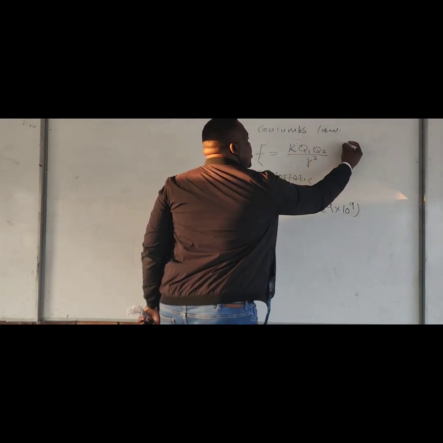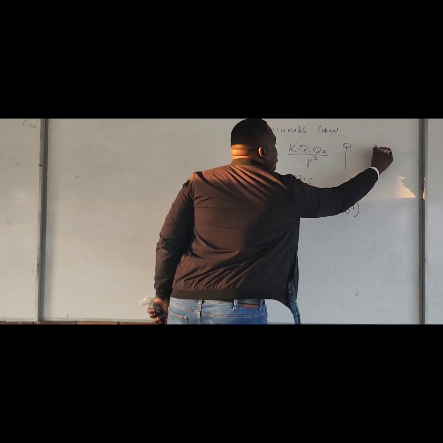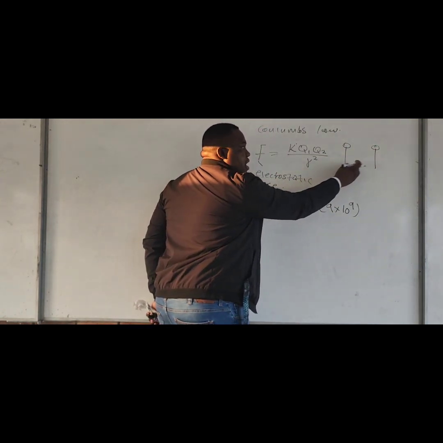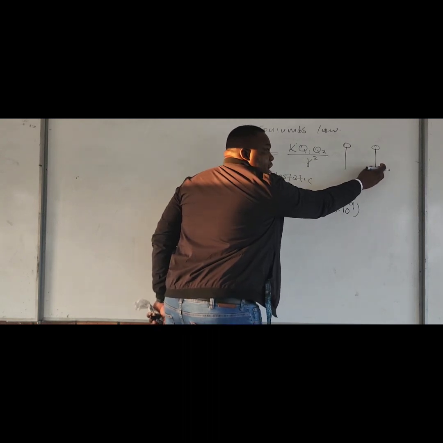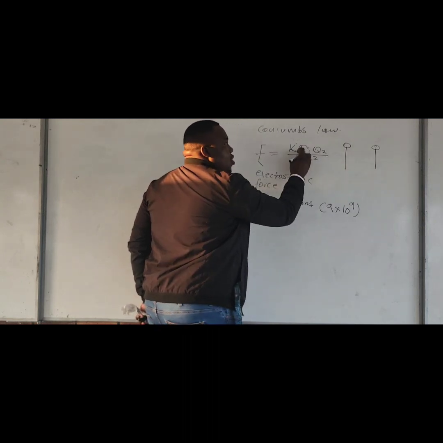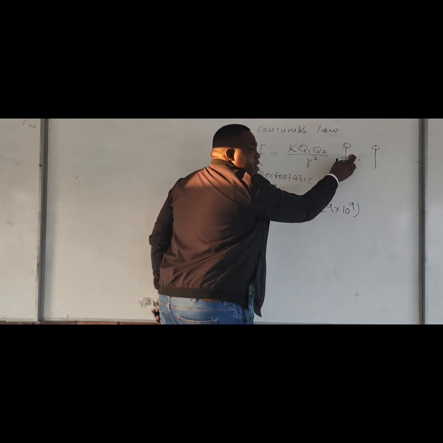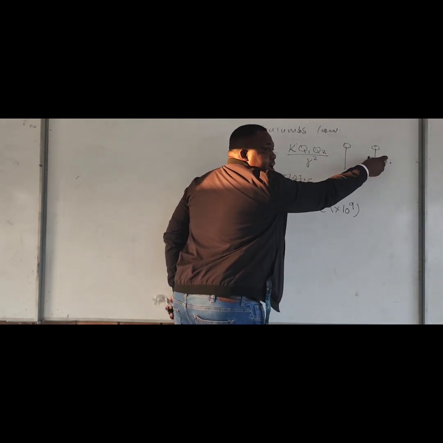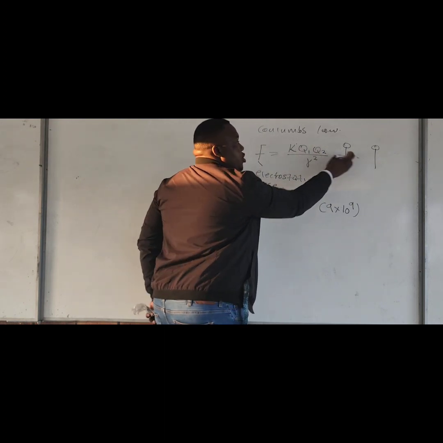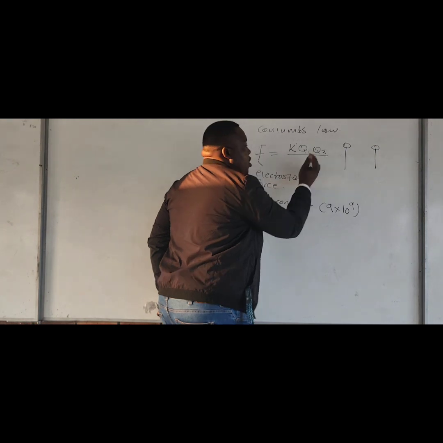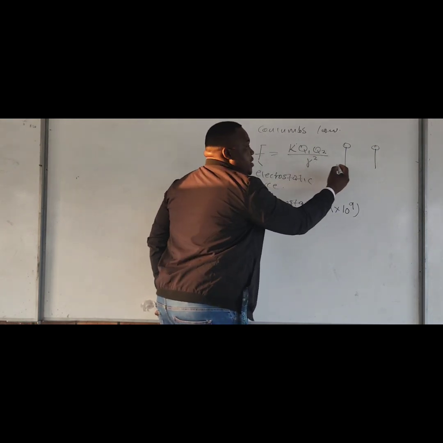Q1 and Q2, let's say we have two spheres, right? Yeah. And it has got a particular charge, and this one has got a particular charge. It means Q1 and Q2 is the charge of sphere 1 and charge of sphere 2. So what does R squared represent?